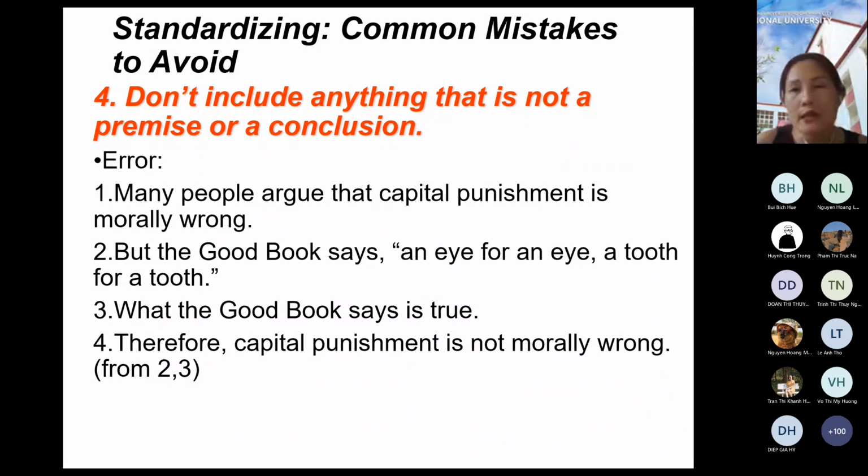So do you remember that sometimes we say so many things, then somehow the things we said don't support our conclusion at all, and it's actually not relevant at all. So it plays no role, neither a premise nor a conclusion. So we could say that in this case, we don't have to keep this kind of information, isn't it? Now, that is the mistake. It happens because you try to say so many things and you may make this kind of mistake, even conflicting or contradictory statements, isn't it?